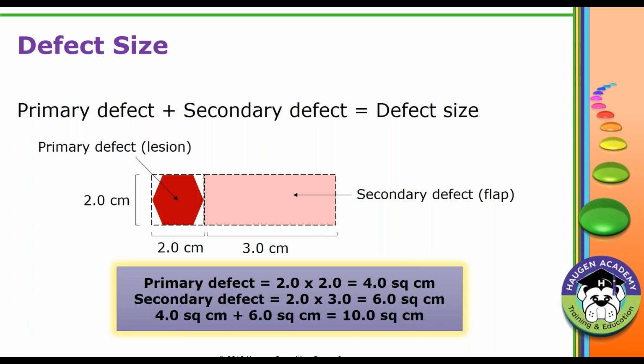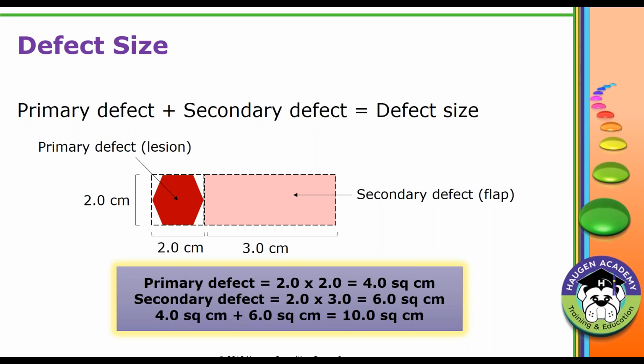So here we're talking about area, not diameter. So you'll see square centimeter. We're going to actually have to multiply the 2 by 2 for the primary defect. That's going to give us 4 square centimeters.